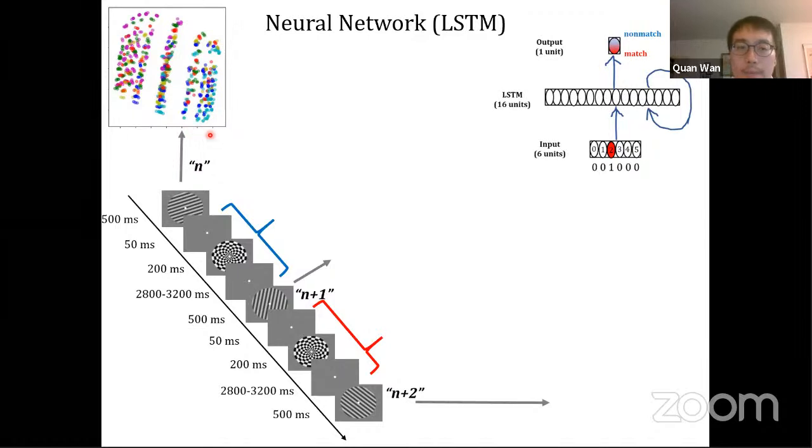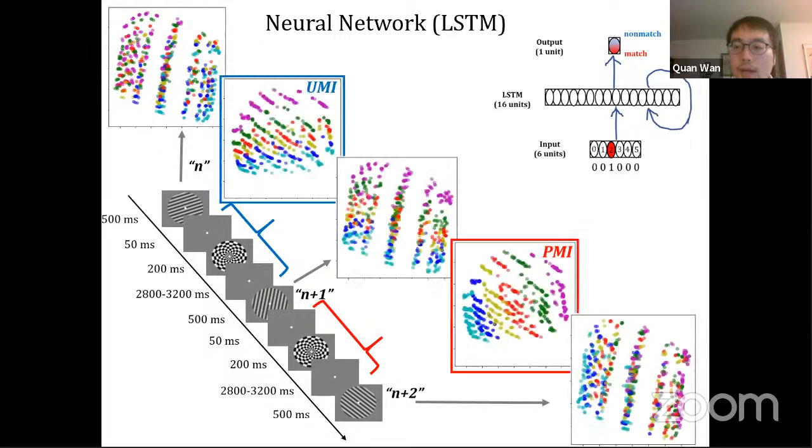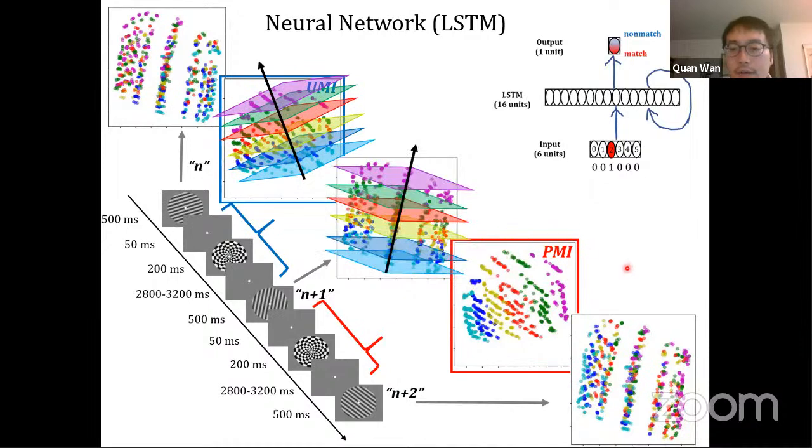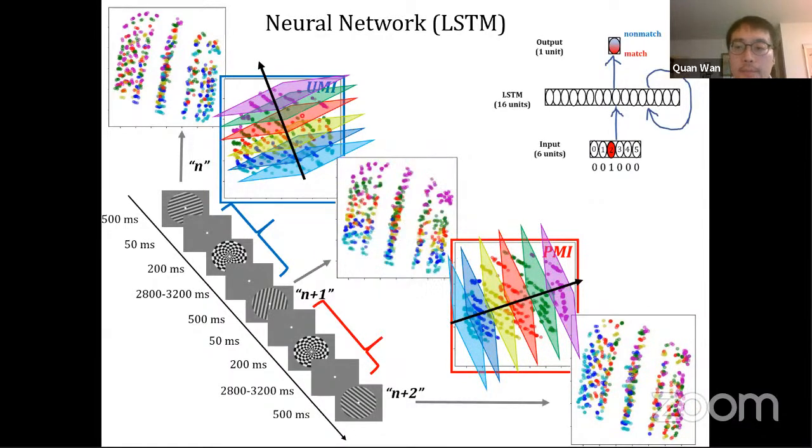And we track N's representational structure of all the trials over time. After stimulus N is presented, its representation falls onto these roughly parallel color planes, and the structure rotates roughly clockwise as N transitions from UMI to PMI to finally compare with N+2 to make a decision. In this talk, we mainly focus on these 2 delay periods.